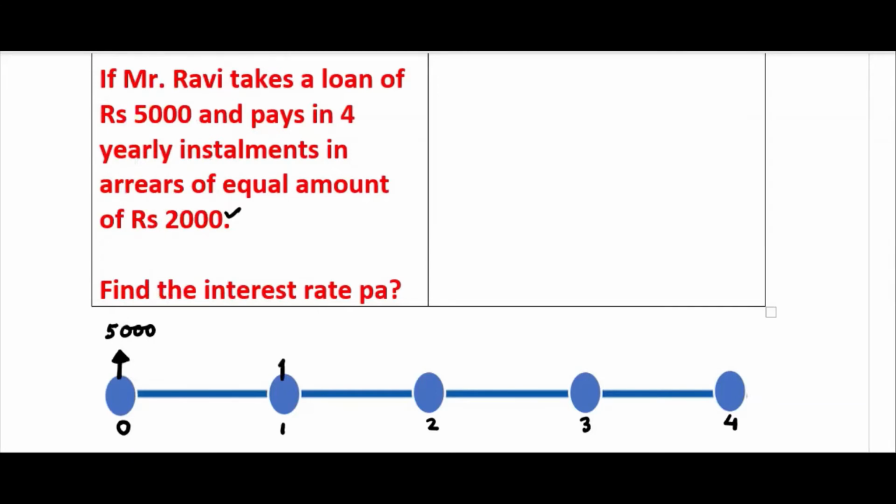There will be a negative cash flow, minus 2,000, but we'll write 2,000 here. I will pay 2,000 at the end of the first year, 2,000 at the end of the second year, 2,000 at the end of the third year, 2,000 at the end of the fourth year.